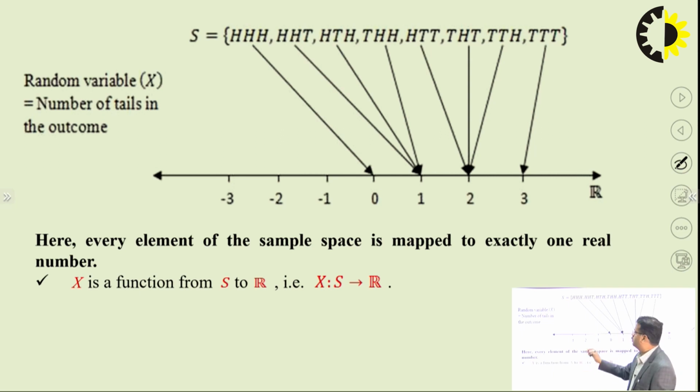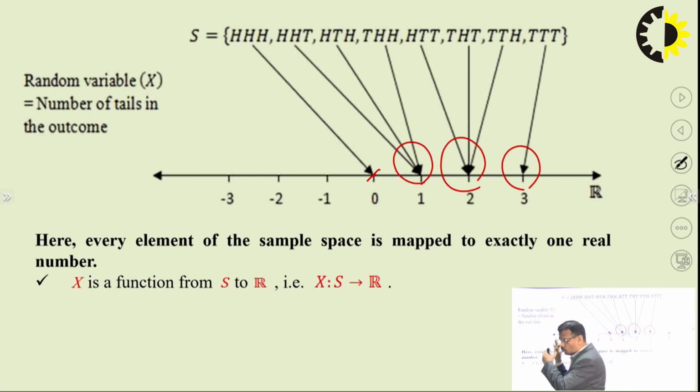Now, these outcomes, okay. So number of tails, and this is our real line. Now, I can map here. So 0 for this, 1 for these 3, 2 for these 3 and 3 for this. So what I am doing here is mapping all the outcomes onto the real line, and this is our random variable.